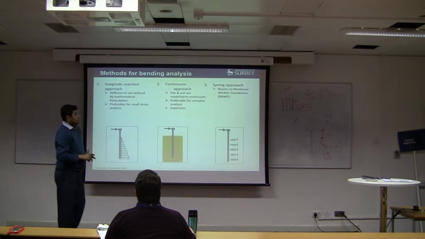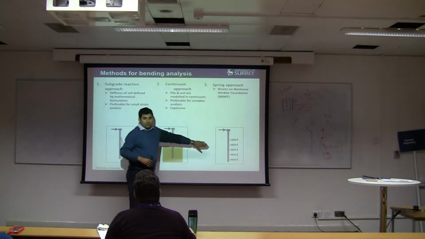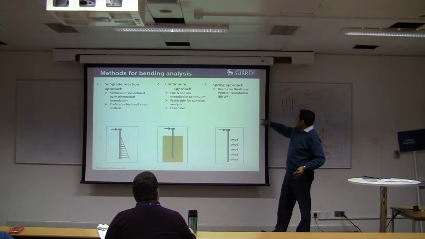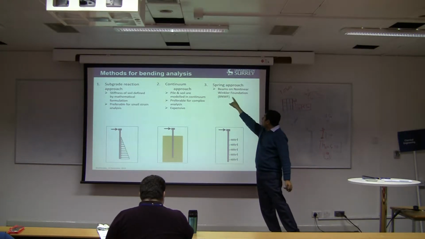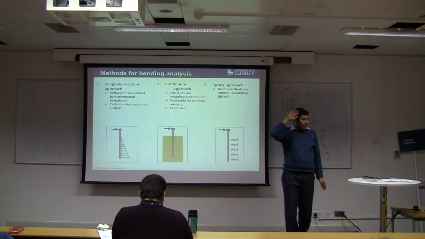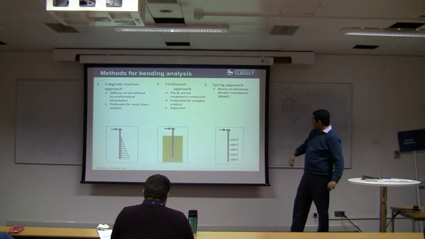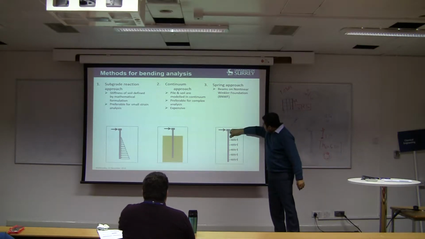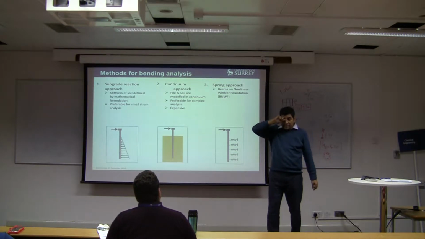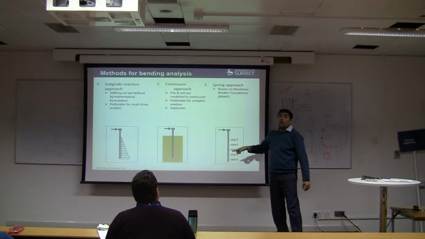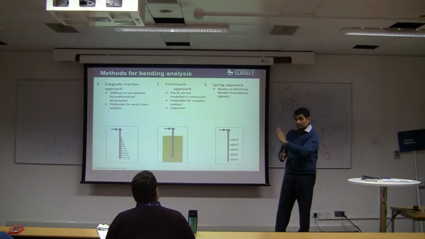But the one which is used is this one, and this is known as beam on nonlinear Winkler foundation. What it means is that you model the pile-soil interaction by a set of springs. These springs are modeling the interaction of the pile and the soil.